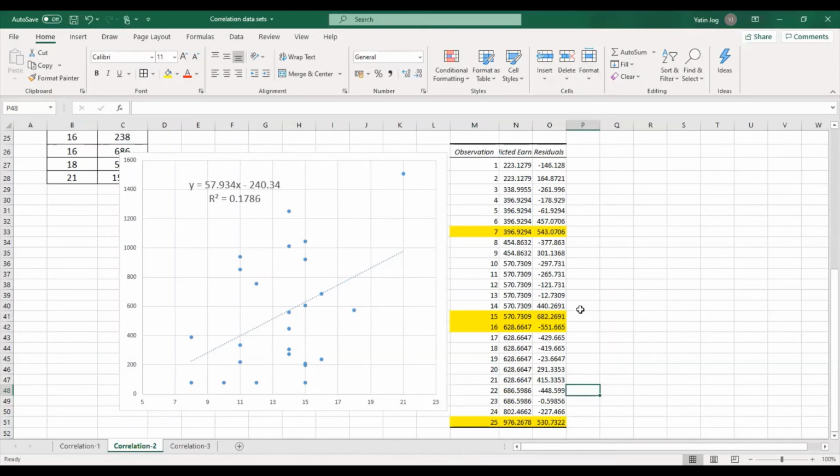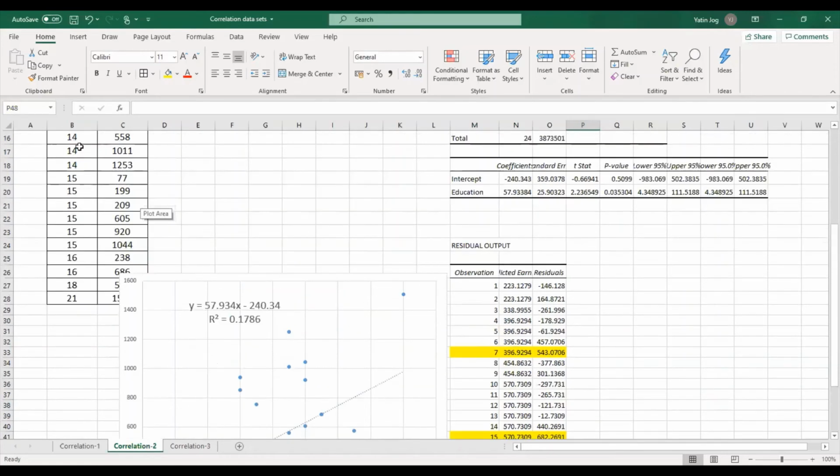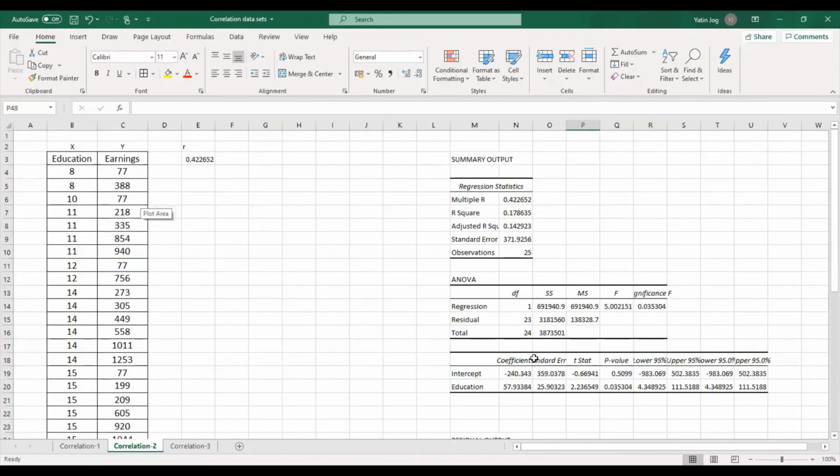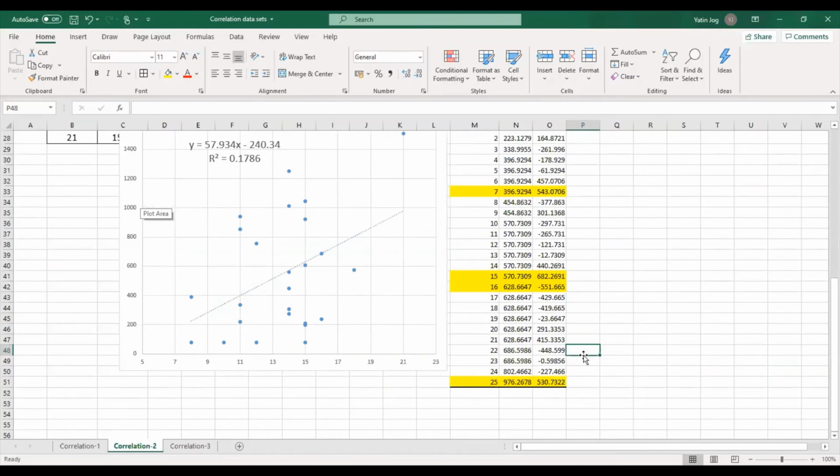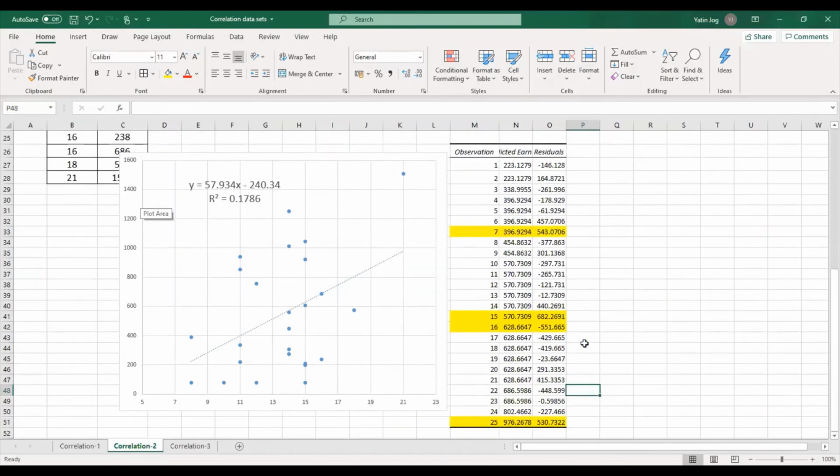So maybe these four data points are my outliers. If I try to remove these four data points from my data set and rerun the regression, and if I get a better result, or a result which I can accept, then I can say surely that these four are my outliers.